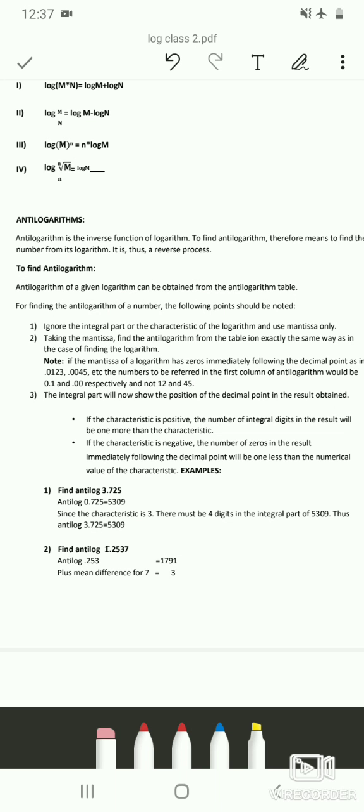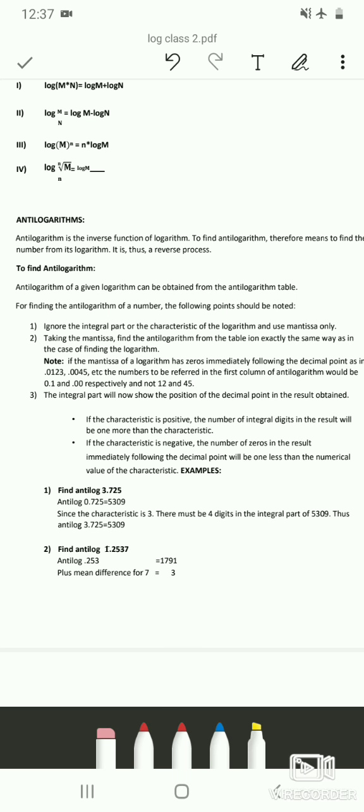If the characteristic of a given logarithm is positive, then the number of integral digits in the result would be one more than the characteristic. And if the characteristic is negative, the number of zeros in the result immediately following the decimal point will be one less than the numerical value of the characteristic. So these are three points to be remembered to find out anti-logarithm.